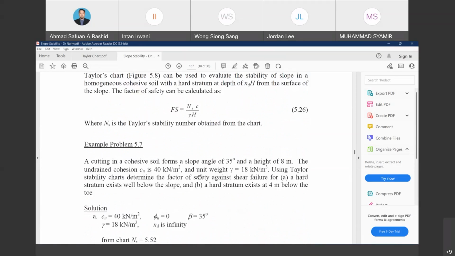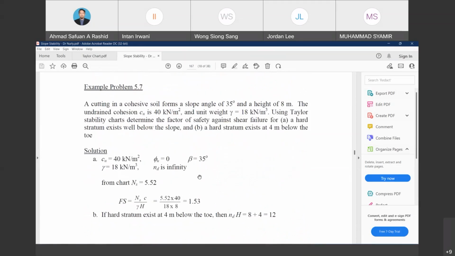The first example: a cutting in cohesive soil forms a slope angle of 35 degrees and a height of 8 meters. The undrained cohesion Cu is 14, and the unit weight gamma is 18.